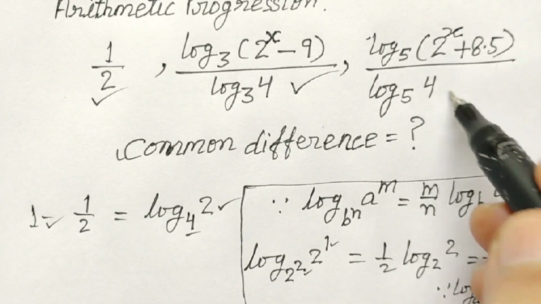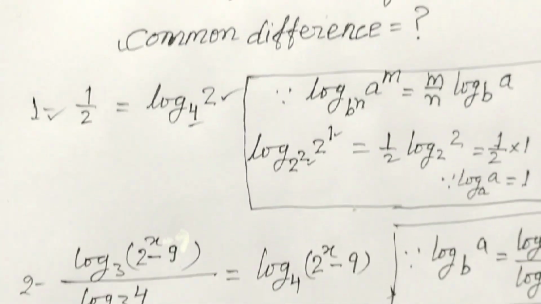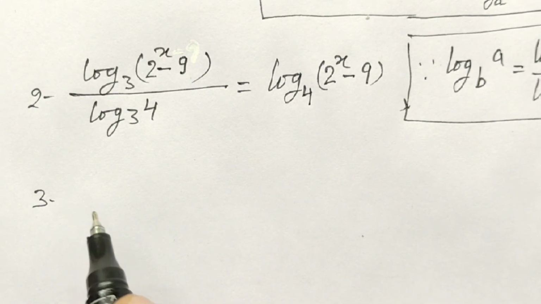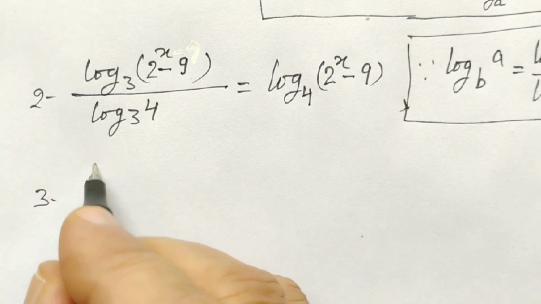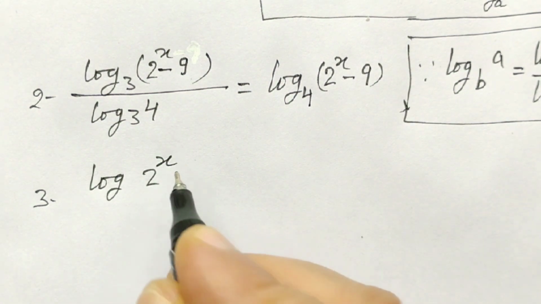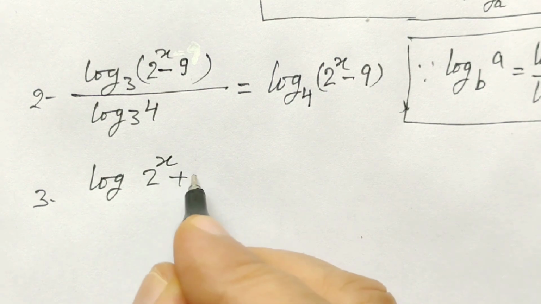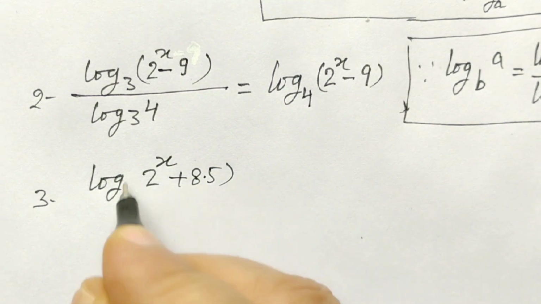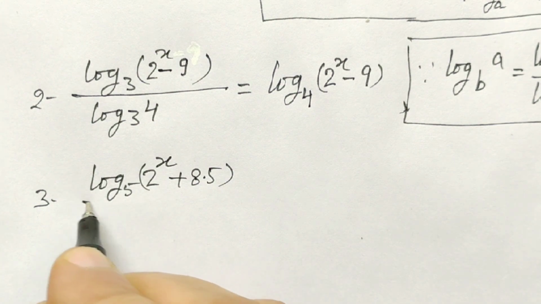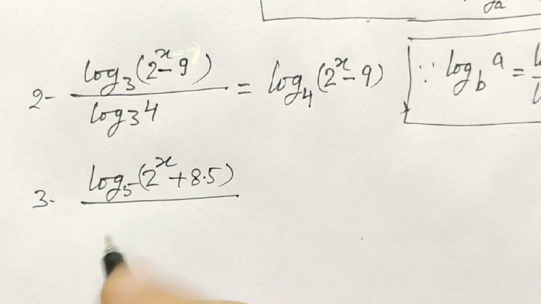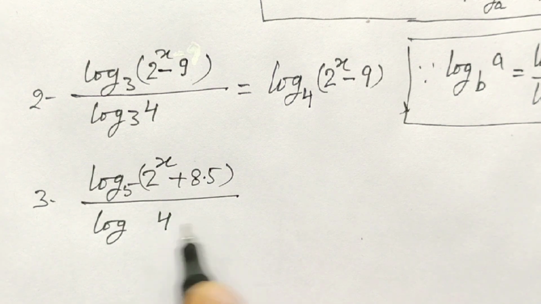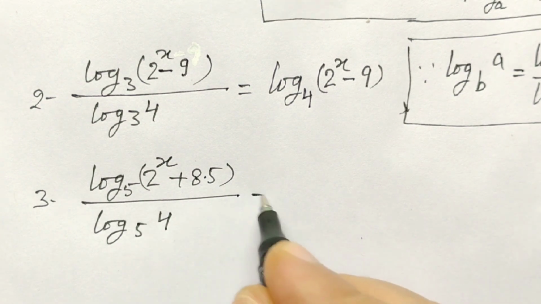Now we have to transform the third term. The third term is log of 2 to the power x plus 8.5 to the base 5 over log of 4 to the base 5.